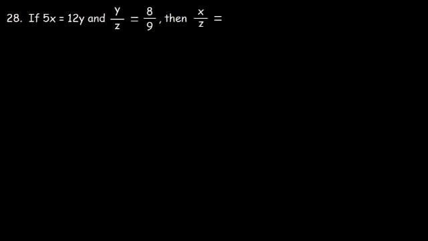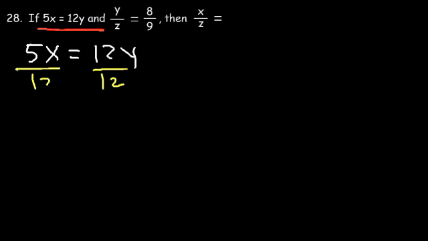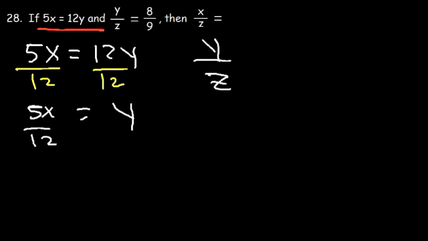So in the first equation, let's solve for y. So if 5x is equal to 12y, if we divide both sides by 12, we're going to get an equation that states that y is equal to 5x divided by 12. Now in the second equation, y divided by z is equal to 8 over 9.